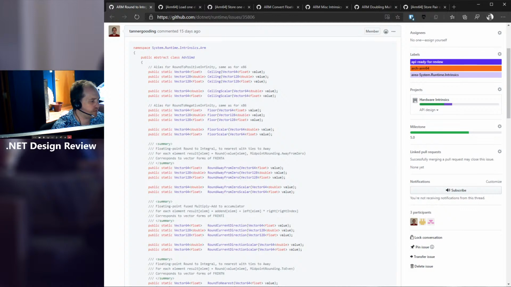There's also the current direction. We exposed the same API on x86, but there is no current way on .NET to actually change the rounding direction, so it isn't strictly supported today.